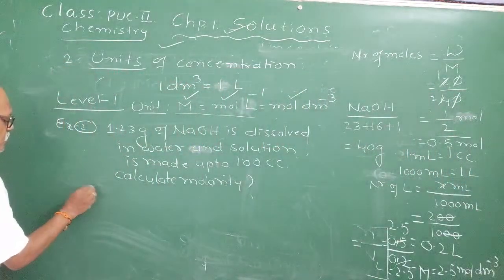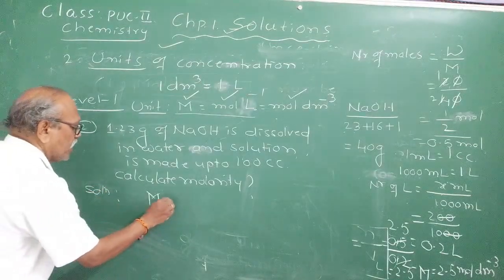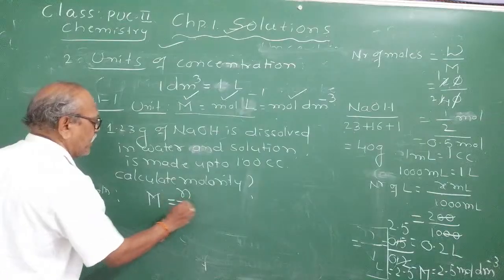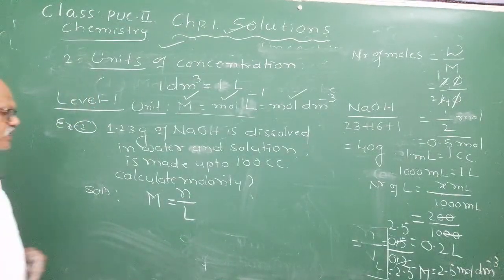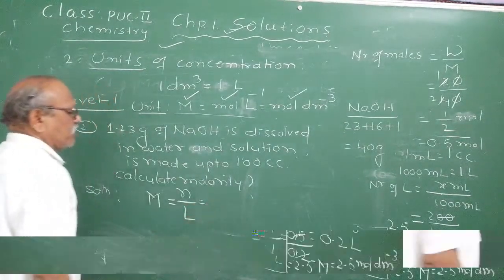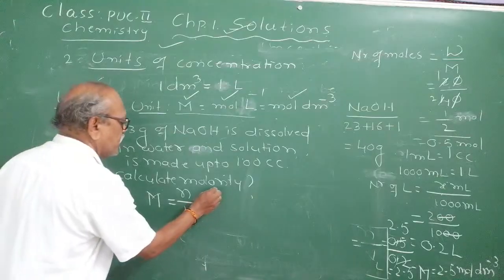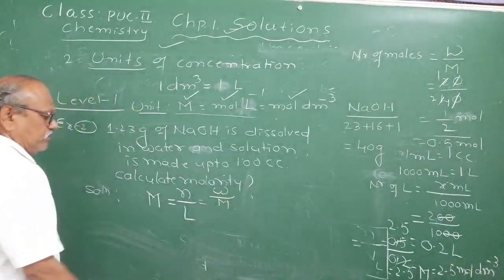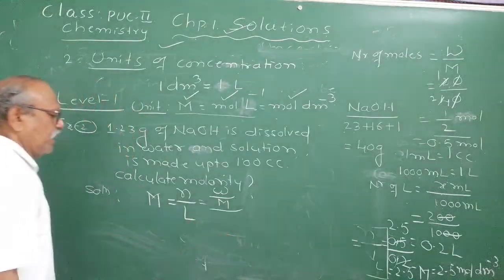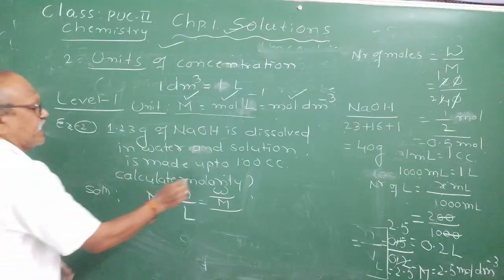So the simple formula to calculate the molarity is n by V. Right? You can write the number of moles. Mass is given here, correct, as W upon M. And volume should be in liter, but it is given here as cc.